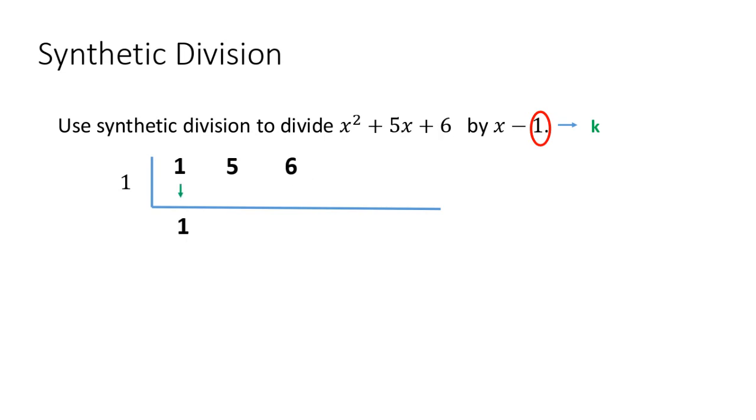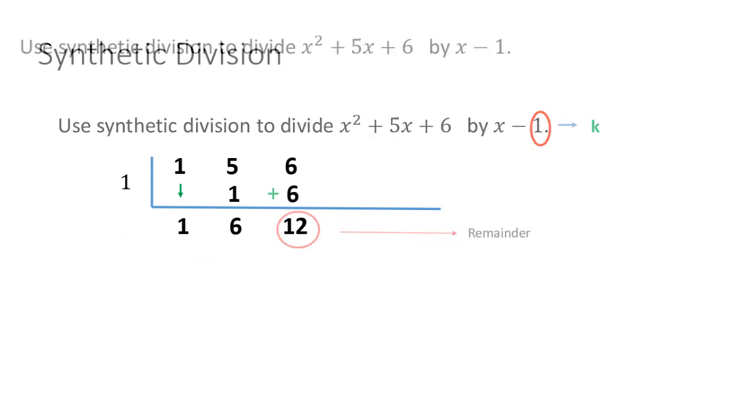And then our next step is to bring the 1 down, and then we're going to multiply 1 times 1 is 1, and then we're going to add, so 5 plus 1 is 6, and then we start the same process again. 1 times 6 is 6, and now we're going to add 6 plus 6 is 12, okay? And then the process ends here.